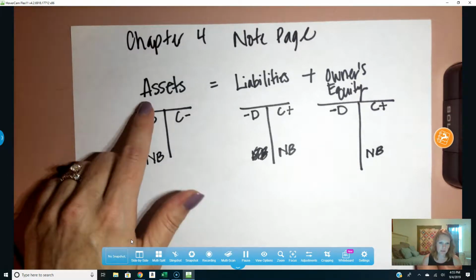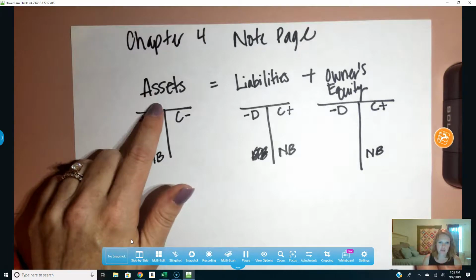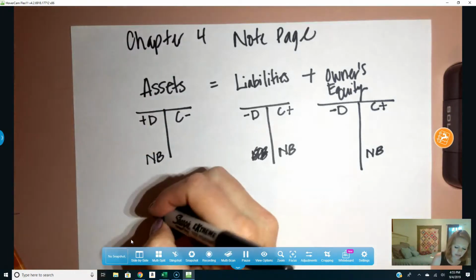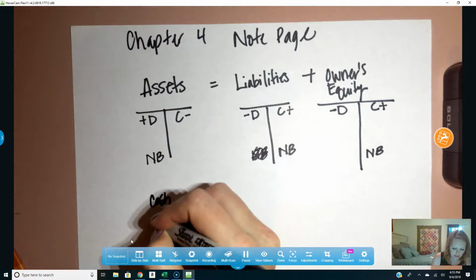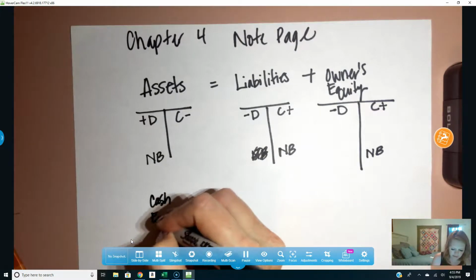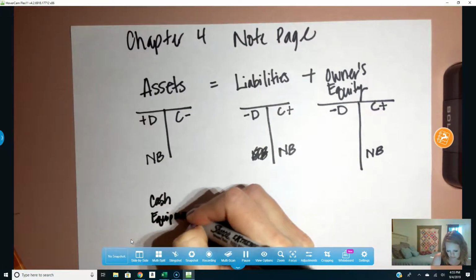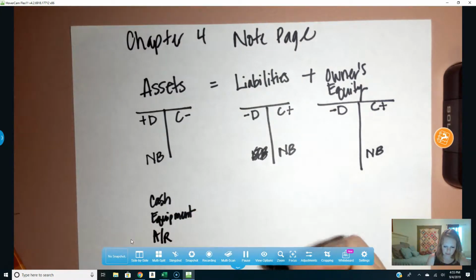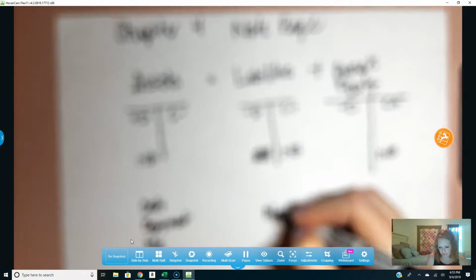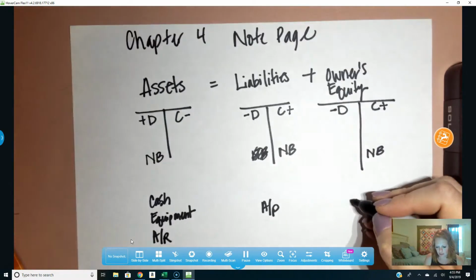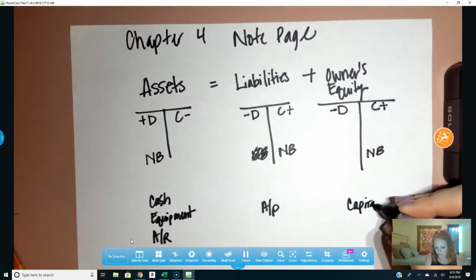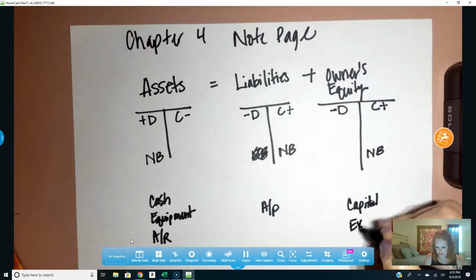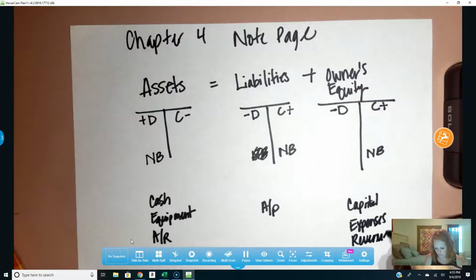This is where you're really going to have to start classifying those accounts. Our assets can include cash, equipment, accounts receivable. Liabilities are always our accounts payable accounts, and then our owner's equity is our capital, expenses, revenue, and withdrawals.